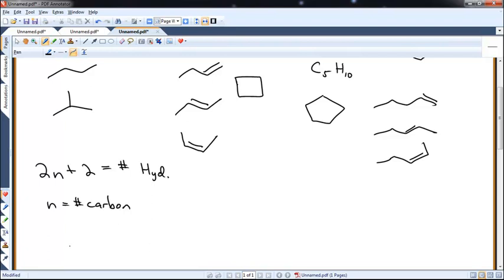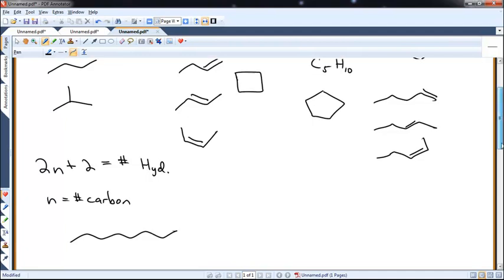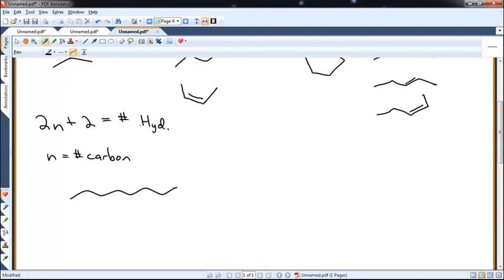So for example, if I give you a chain, doesn't matter how long it is, we'll say 2, 4, 6, 8 carbons long. 8 times 2 is 16, 16 plus 2 is 18, and therefore I should have 18 hydrogens in the alkane. How many do I have? 1, 2, 3, 4, 5, 6, 7, 8, 9, 10, 11, 12, 13, 14, 15, 16, 17, 18, and that's true. This is a true statement. It means you have an alkane.